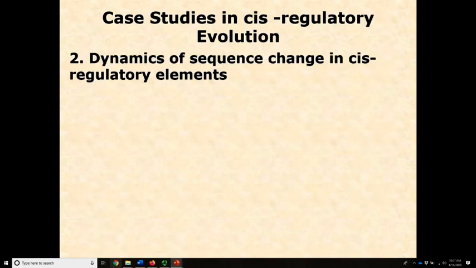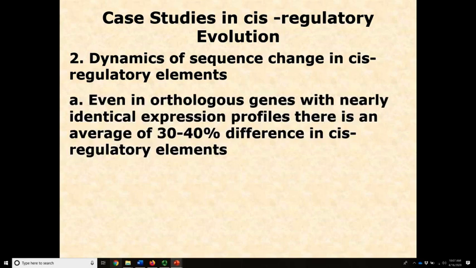Okay? So here's an extreme example. Now, most of the time we'll see some variation and some preservation like we saw in the Drosophila example. But there are some examples of really extreme divergence in regulatory elements, and yet with some very similar outcomes.